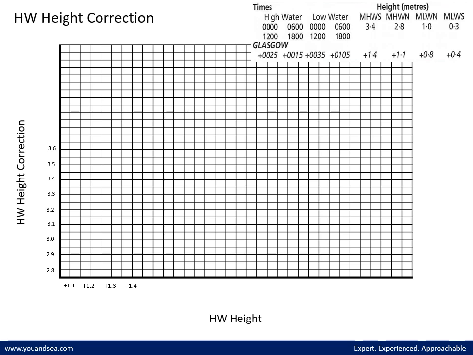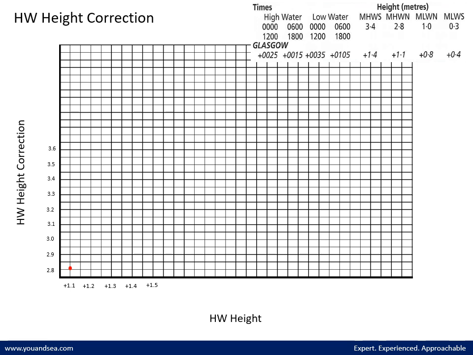And we know the correction is going to be bigger than 1.4 meters, because the high water height at Greenock is bigger than 3.4. So we've added another one in there as well. Match the two columns up.